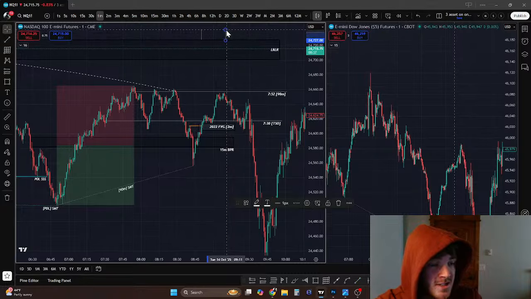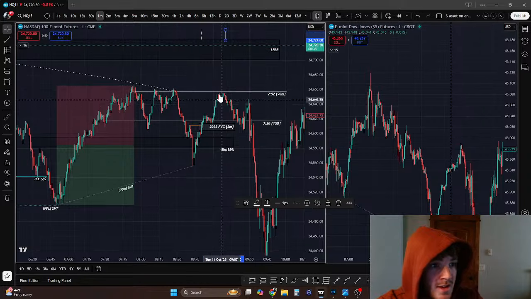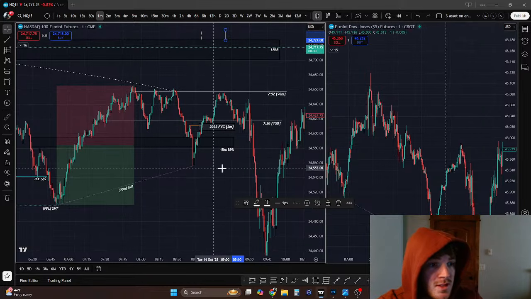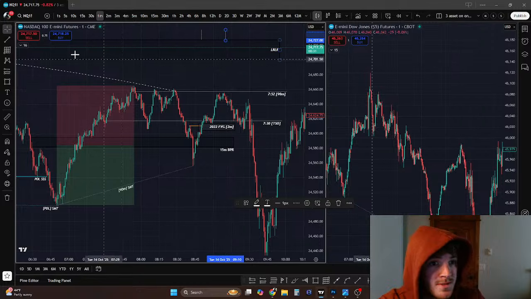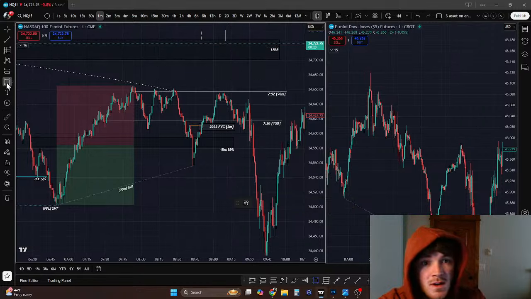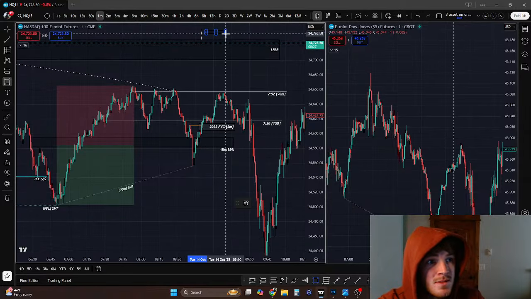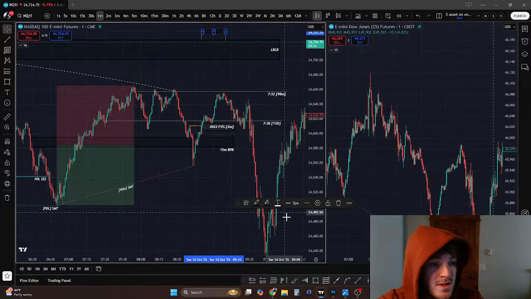You can actually see when the macro ends, that's when this trade essentially stops. Kind of. Sometimes, but we weren't even close to the draw on liquidity.